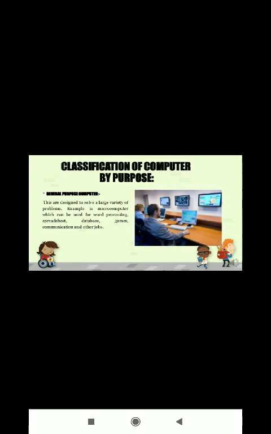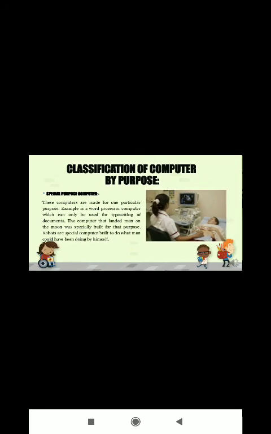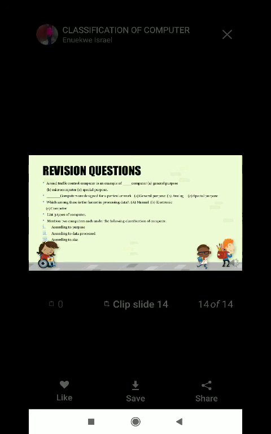For example, a microcomputer can be used for word processing, spreadsheets, databases, games, communication, and other jobs. A special purpose computer can only be used for one job, like typing documents. As I told you in the example of the ICU, that is a special purpose computer. I think it's clear now.